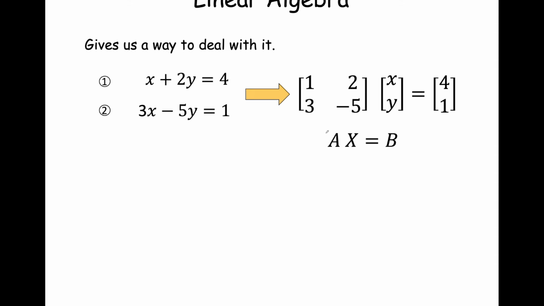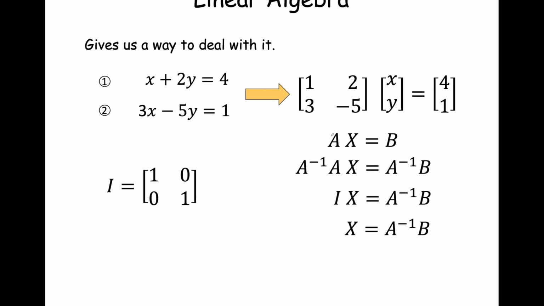All right, so we have this AX equals B, and what we're going to do then, we're going to multiply on the left-hand side by A inverse. Of course, equality means that whatever you do to the left-hand side of the equation, you're also going to do to the right-hand side. Now, in linear algebra, when you multiply, there's a difference between multiplying on the left and multiplying on the right. And the reason for that has to do with the measurements, or the so-called rank, of the matrix.